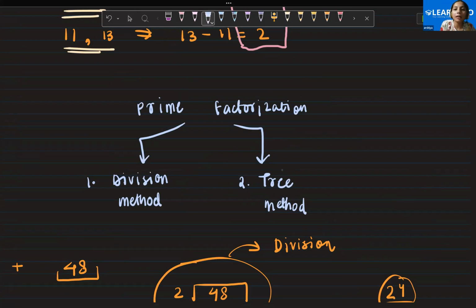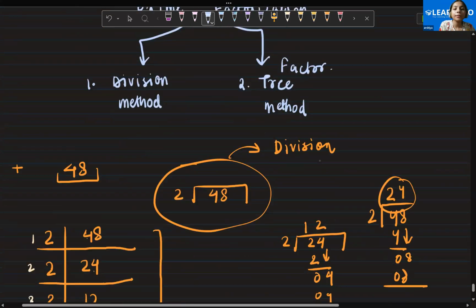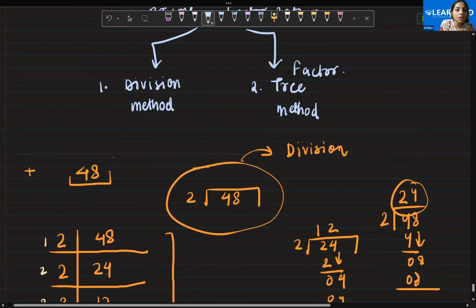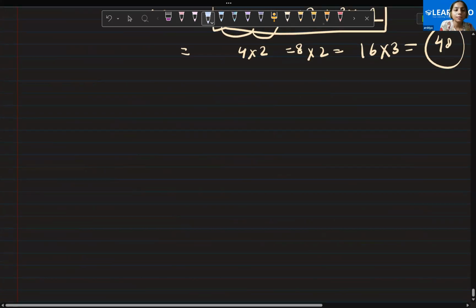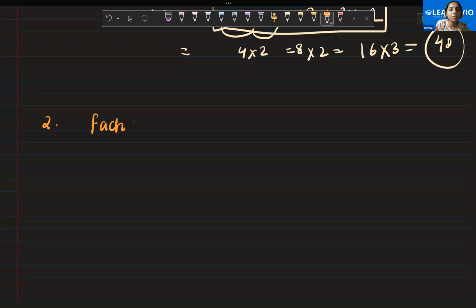It's called a factor tree method. Okay, not just tree, you can also add factor tree method. So when you wrote this in the beginning, you can write this down. Now the first one was the division method. Now we'll start with factor tree method. Okay. Now let's do it both ways.